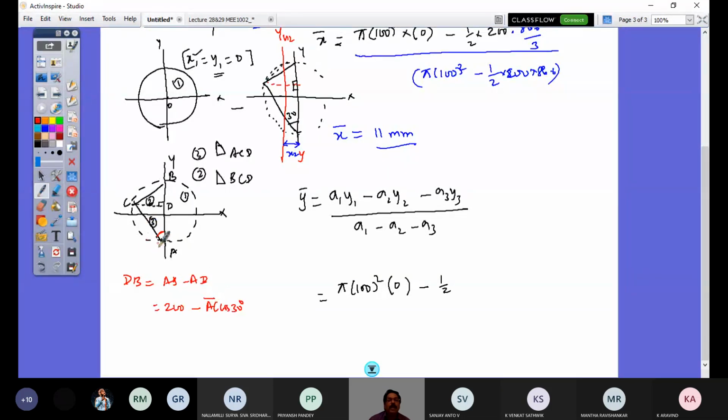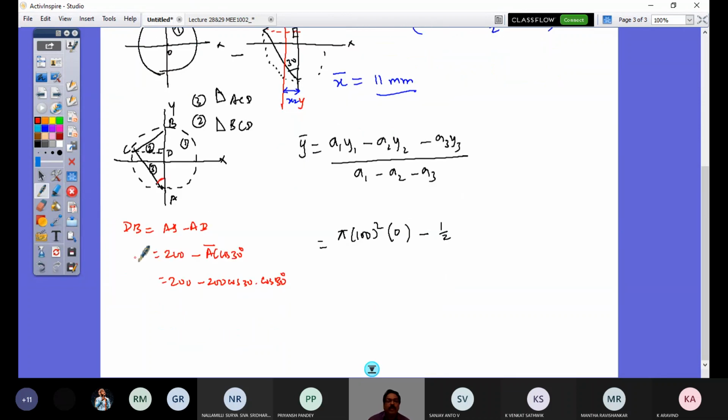AC is AB cos 30. So it's very interesting: 200 minus 200 cos 30 into cos 30. Whatever you learned, your trigonometric formulas are all very important, right? This is going to be calculated as 50 if you work it out.